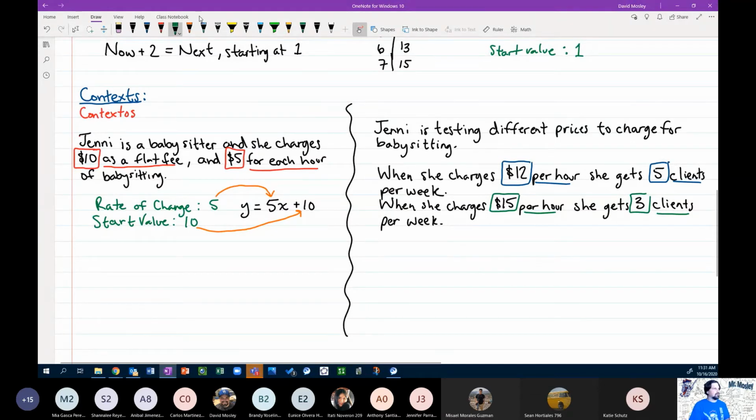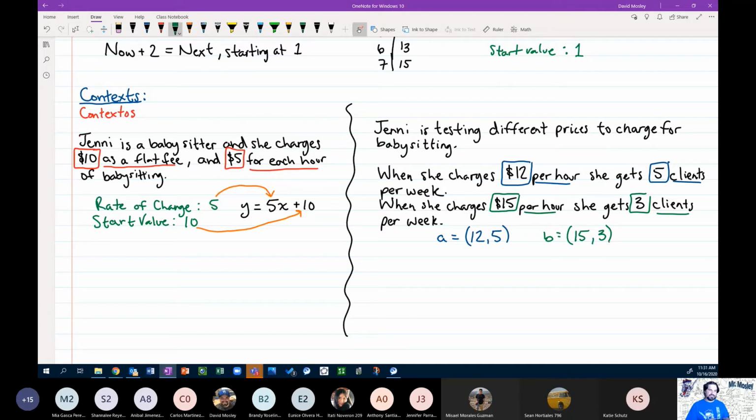We have coordinate A, which is 12 and 5. And we have coordinate B, 15 and 3.